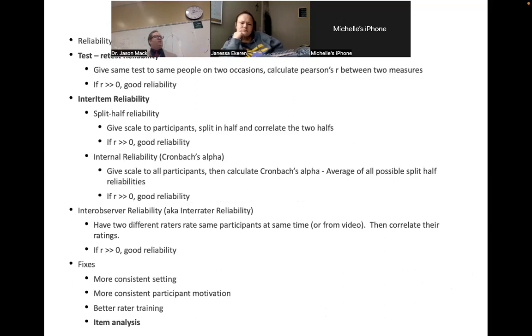So let's summarize reliability. It's the opposite of random error. Test-retest: if r is greater than 0, good reliability. Inter-item, that's like you have tests, items 1 through 10, first half, second half. More consistent setting, more consistent motivation, better rater training, item analysis.